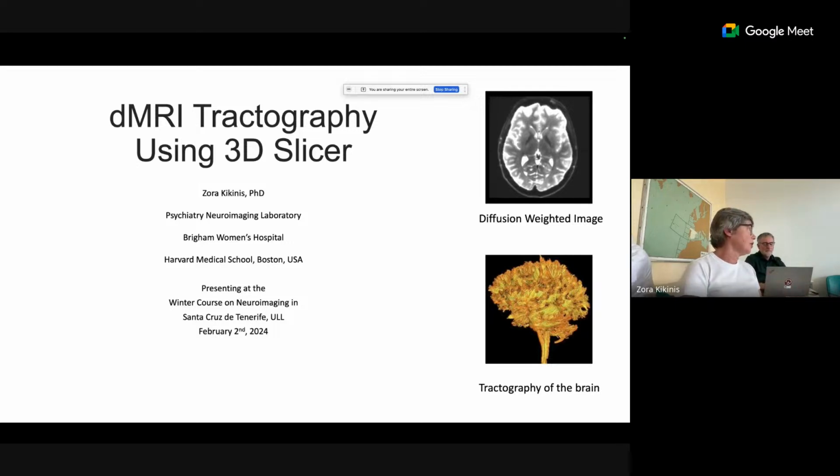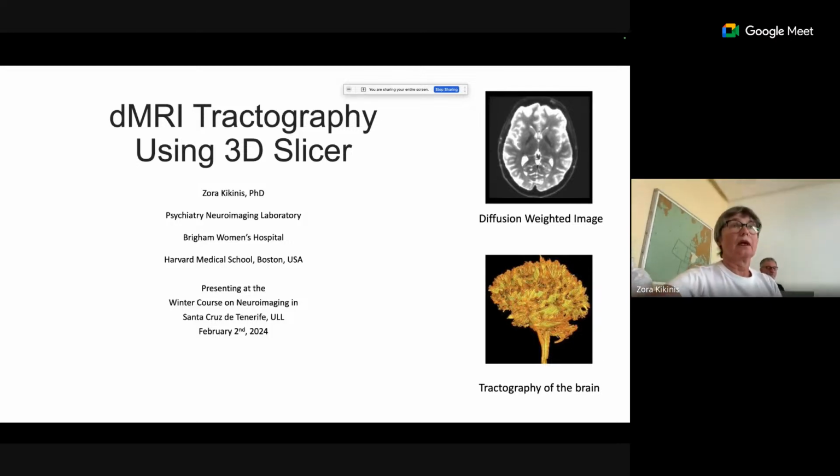And then in my second part, I will present a few examples of what I'm using 3D Slicer for in terms of projects. These are mostly neuroimaging projects in mental health.